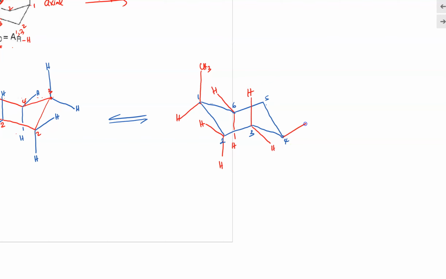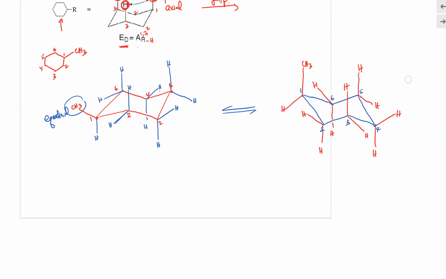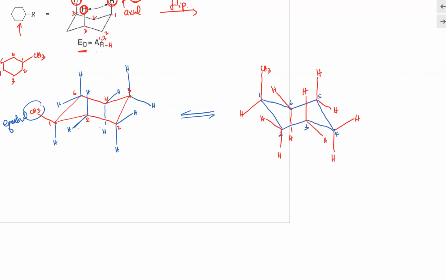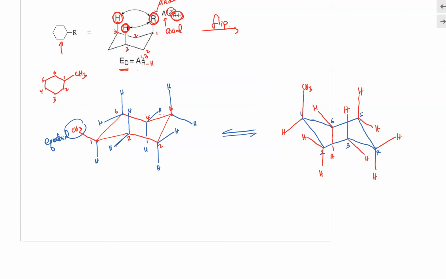Carbon 4, hydrogen 4, and for carbon 5, again, make sure the equator is to the right, and this would then be its axial location. So this would be the two different conformations of a monosubstituted cyclohexane.